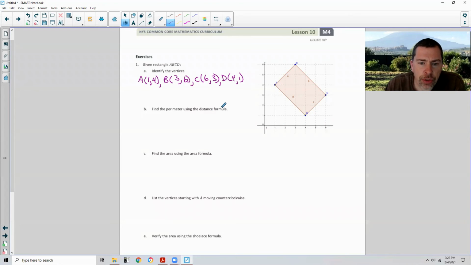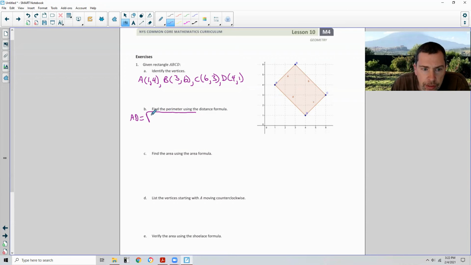Find the perimeter using the distance formula. Okay, so distance formula means the length of AD is equal to the square root of x2 minus x1 quantity squared plus y2 minus y1 quantity squared.